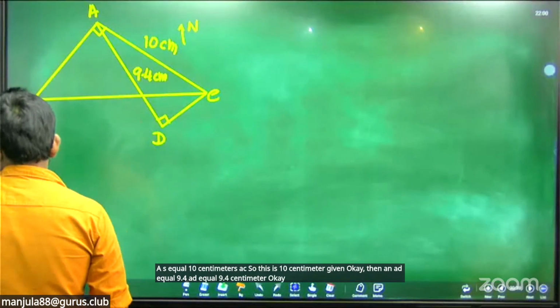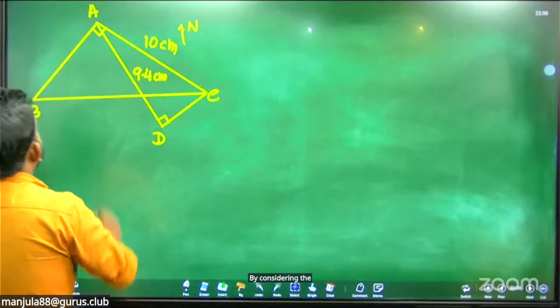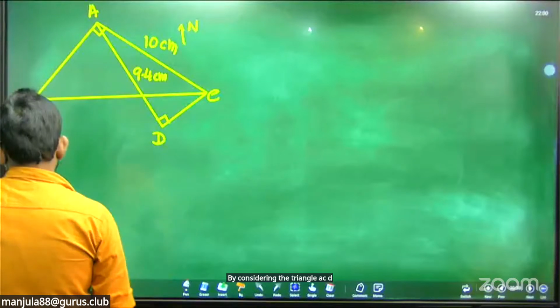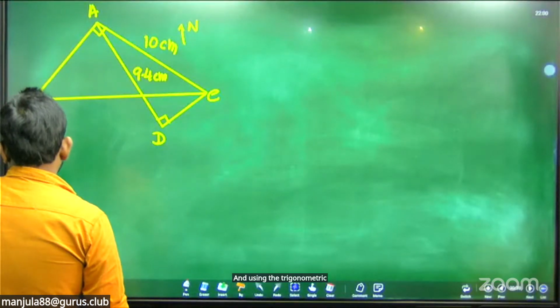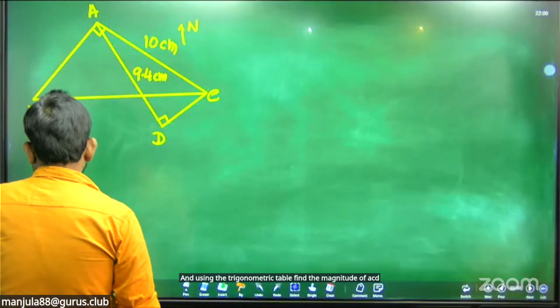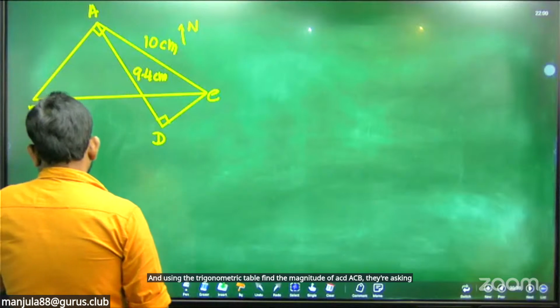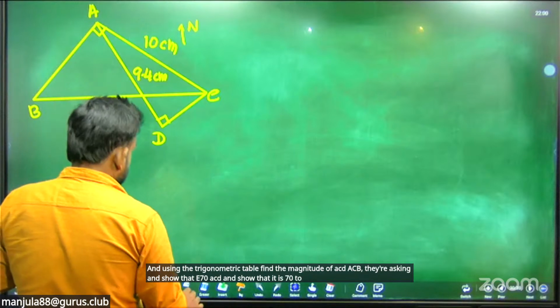Then by considering the triangle ACD and using the trigonometric table, find the magnitude of angle ACD, and show that it is 70 to the nearest degree.